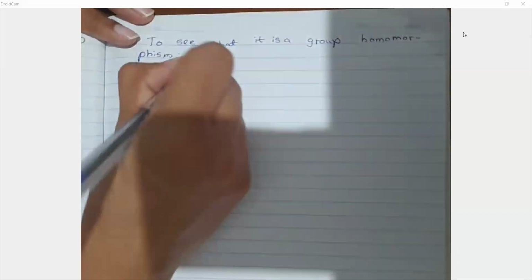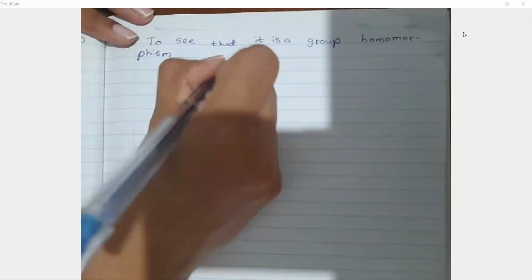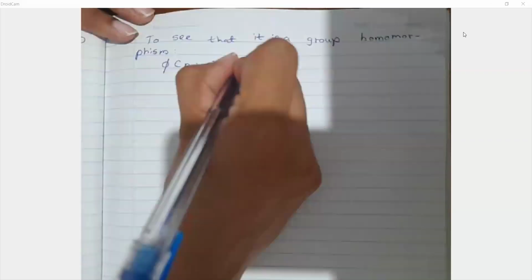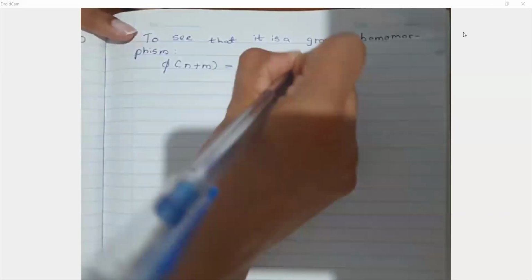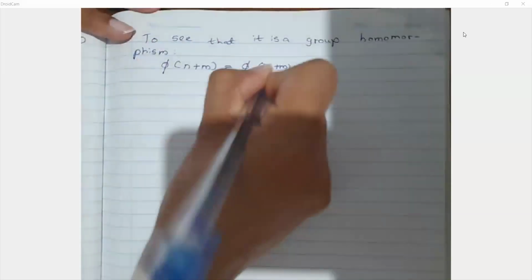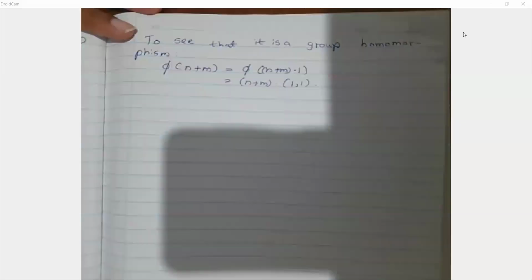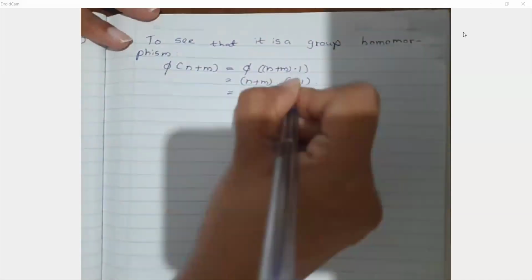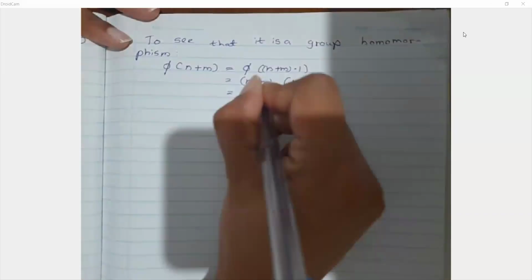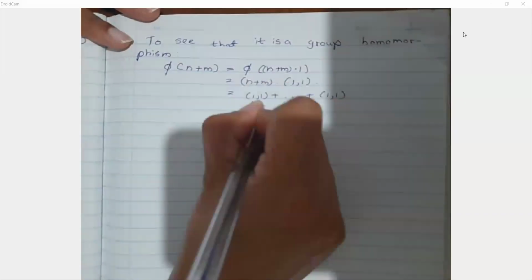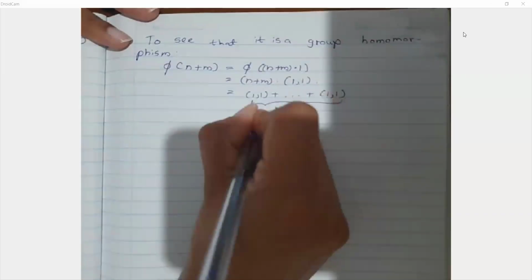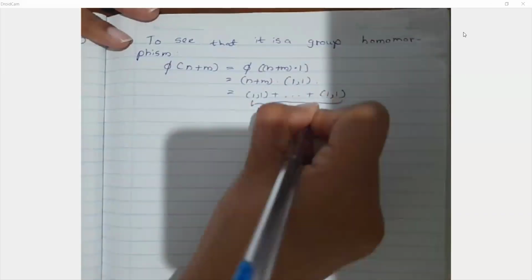So phi of n plus m, the usual addition we know, is equal to, by definition of this function phi over here, we can write this as n plus m times 1, which is equal to n plus m times (1,1). Now, this means we are adding this element n plus m times. In other words, we have n plus m summands.